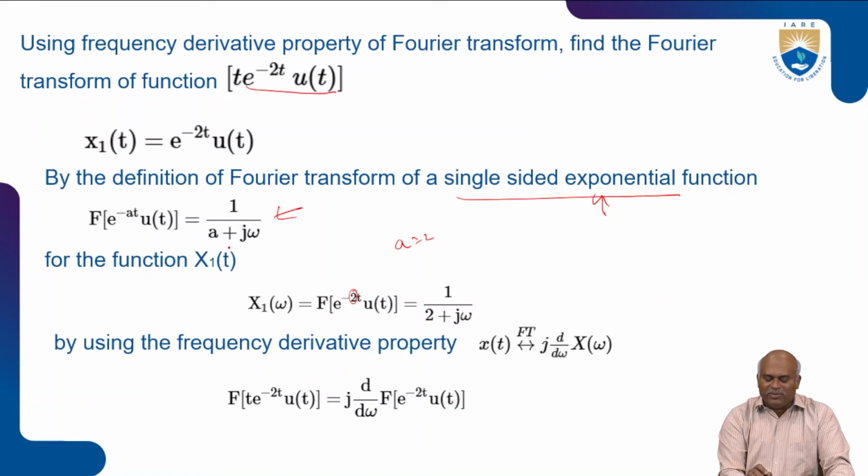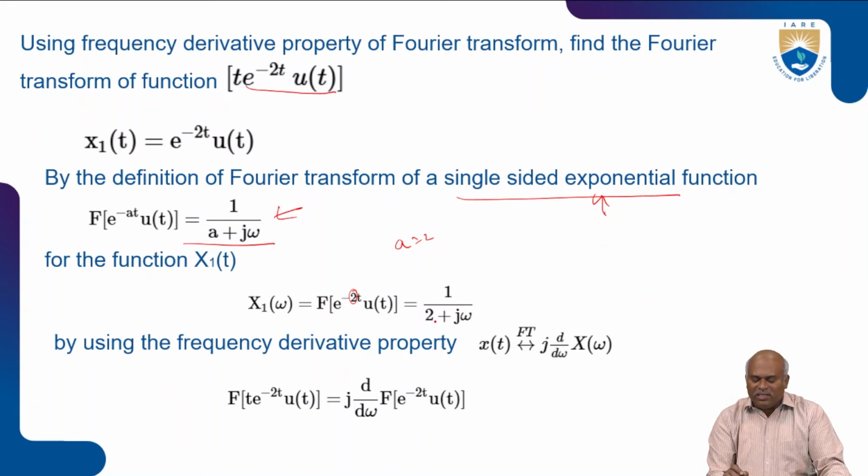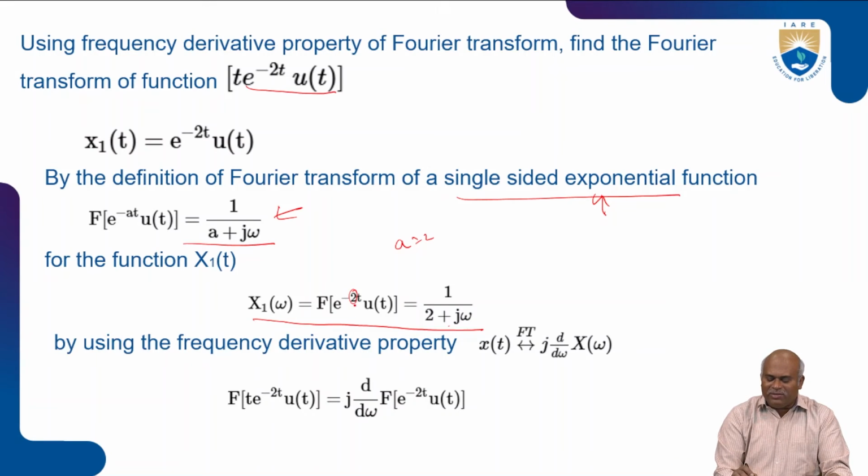You substitute this into the equation, so that is equal to 1 by 2 plus j omega.